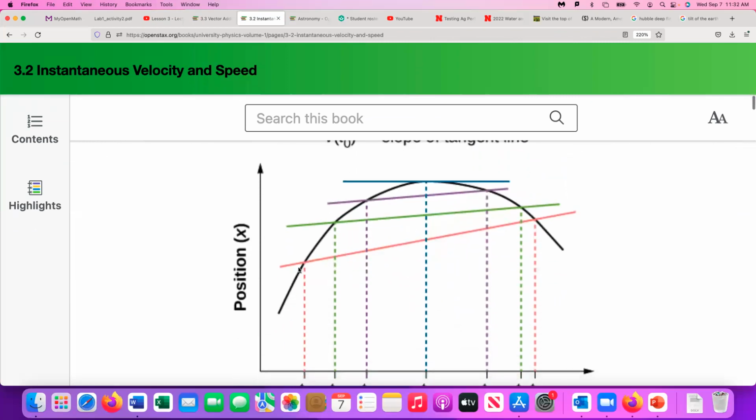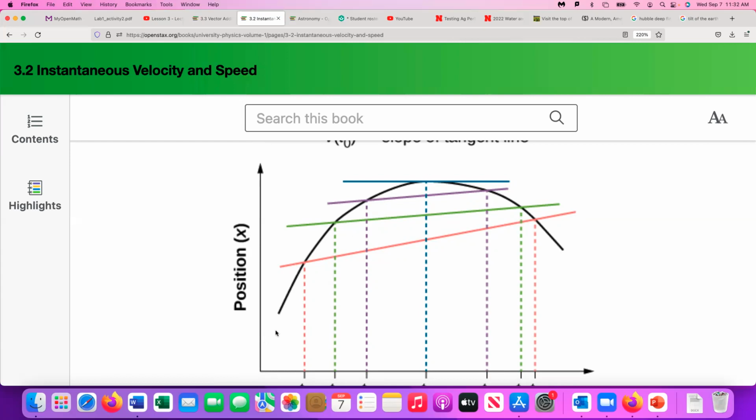This slope, this curve right here, kind of looks like an upside down parabola or something. This could represent the position of a particle. In fact, it would be a fairly good representation of a particle in projectile motion, like kicking a soccer ball or punting a football.